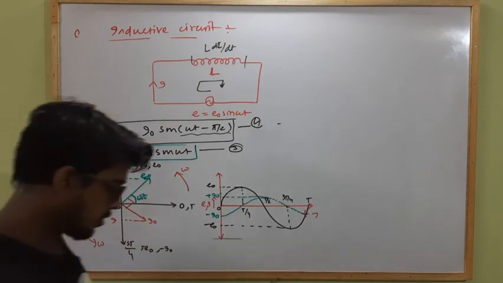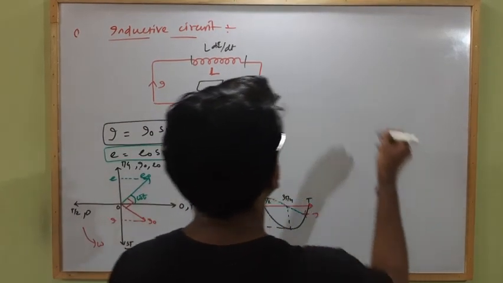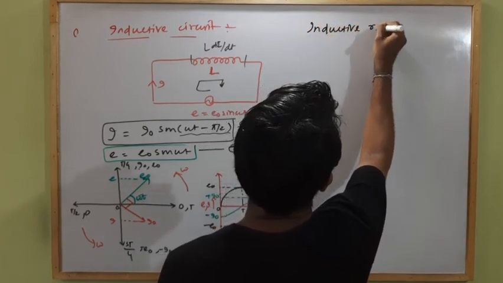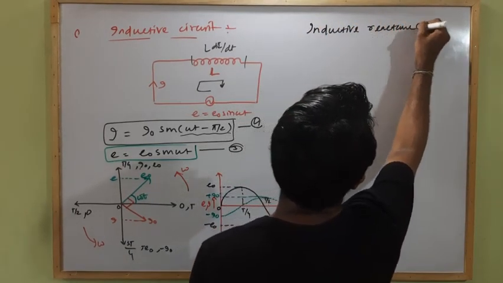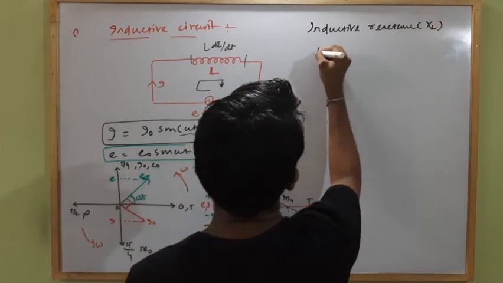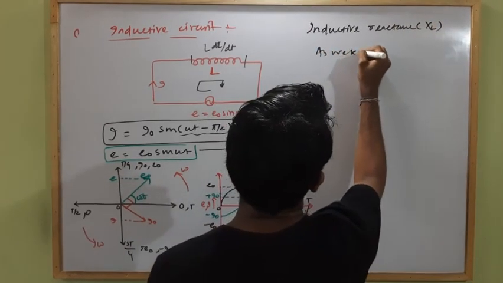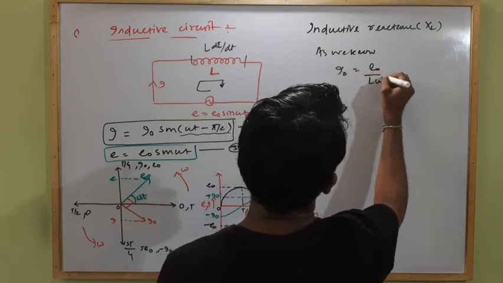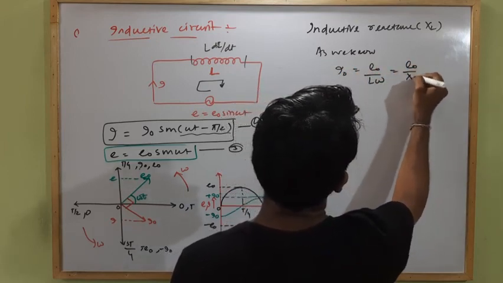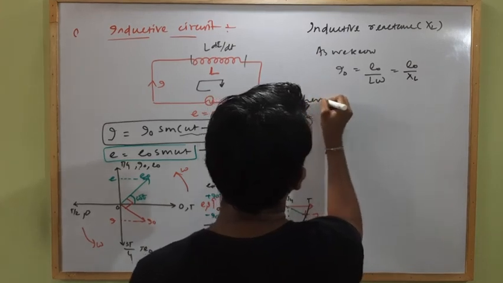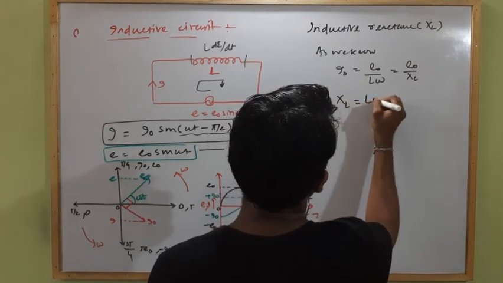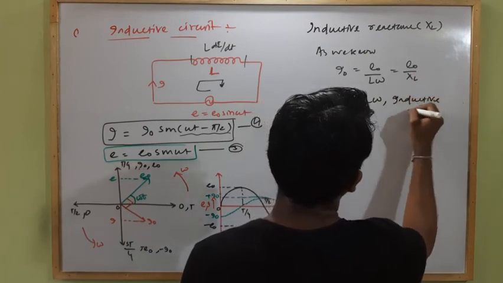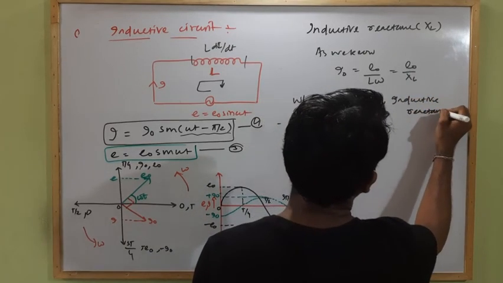Okay. So now also, what is inductive reactance, or XL? As we know, I naught equal to E naught by L omega, or this can be written as E naught by XL, where XL equal to L omega is known as inductive reactance.